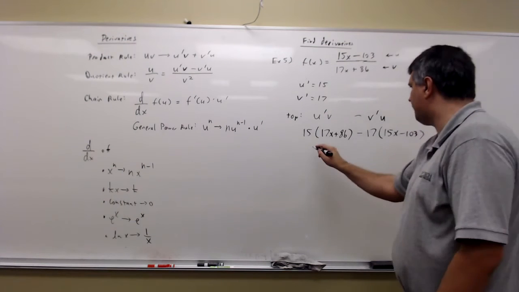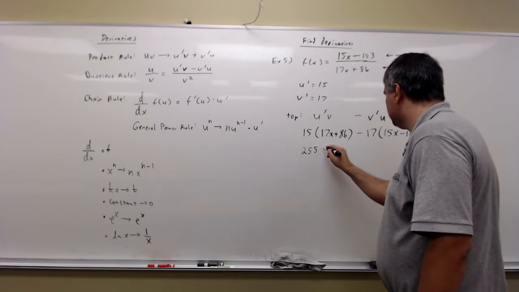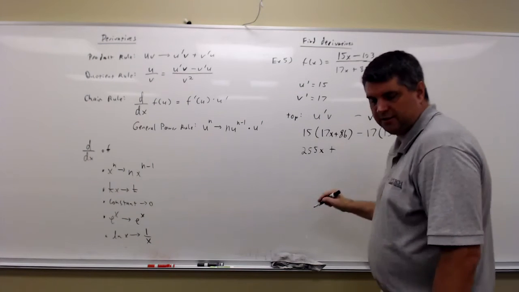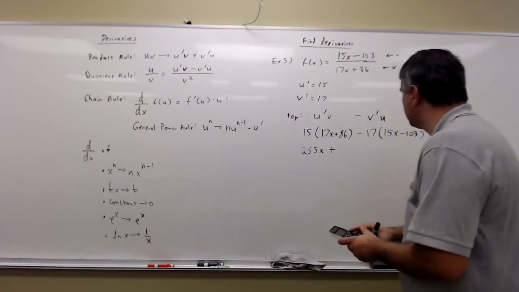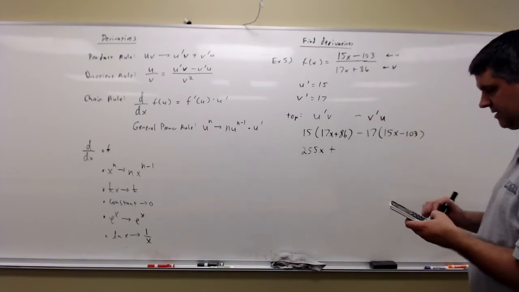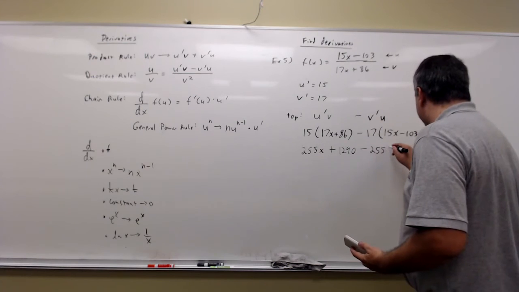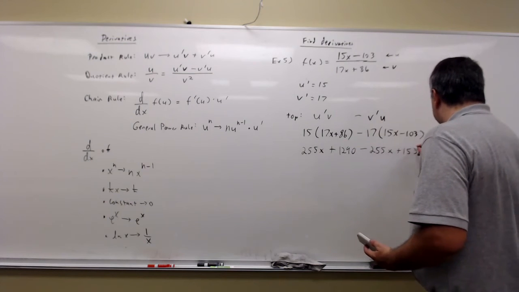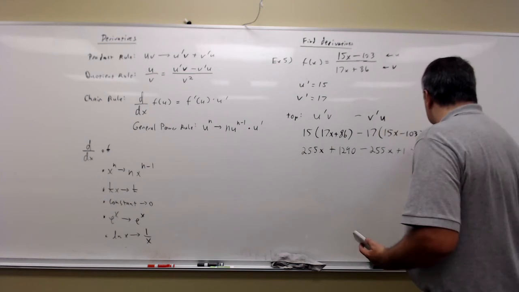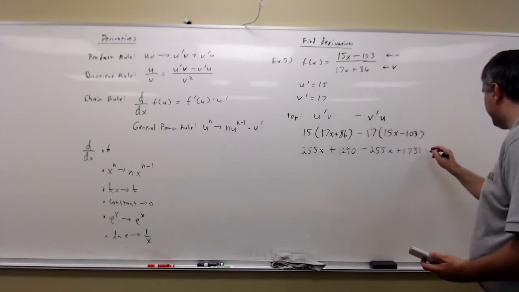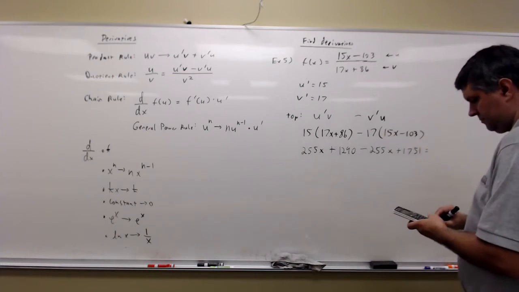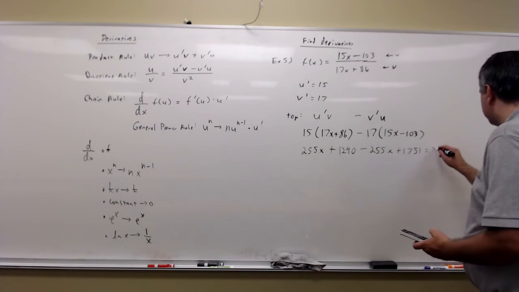So that is 255x plus 15 times 86, 1290, minus 255x plus 1751, which gives me 3041.